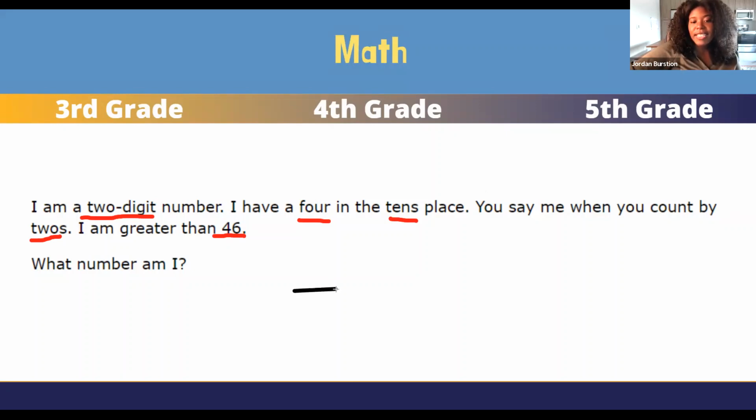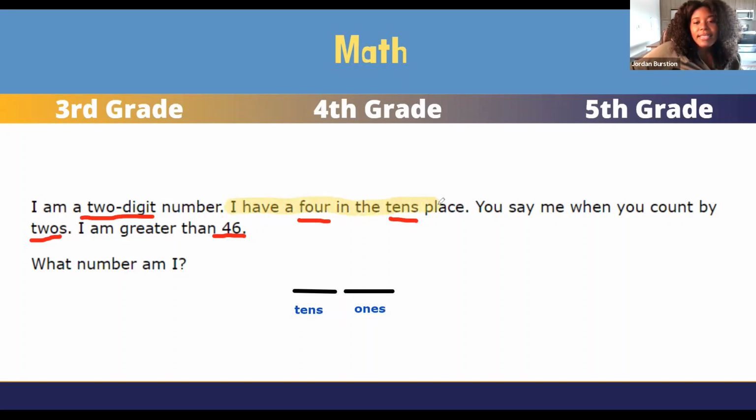Okay, so the first thing they told us was it's a 2-digit number. We have 1 digit over here, 1 digit over here. I'm going to label the places. This is our ones place. I just wrote it in blue. This is our tens place. All right. And Emery, what number did they say goes in our tens place?